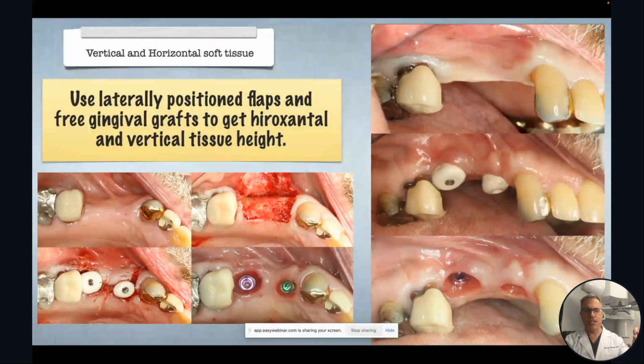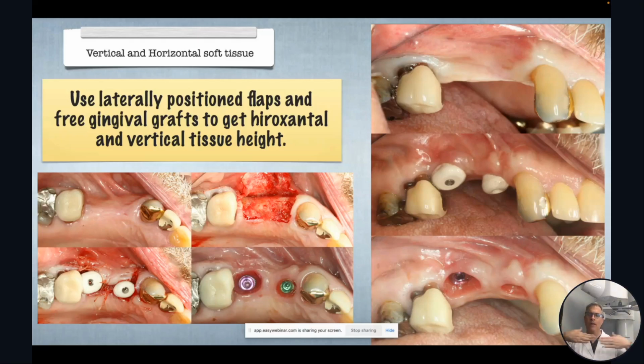So how do you get good attached tissue? Well, obviously a free gingival graft is the gold standard. I've got to tell you, I'm not great at those, so I refer those out to my periodontist. But what I do all the time are apically positioned flaps or laterally positioned flaps.